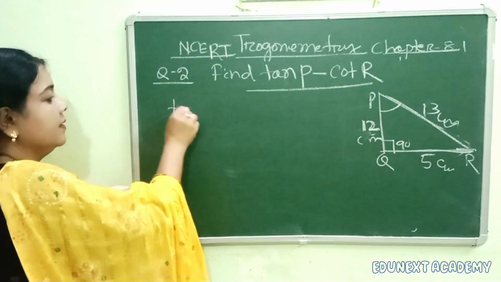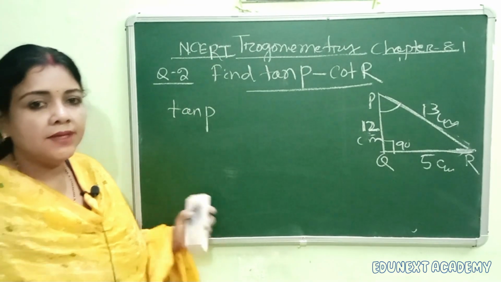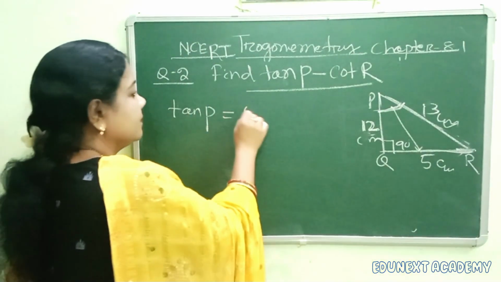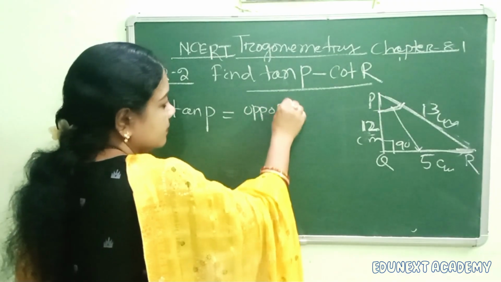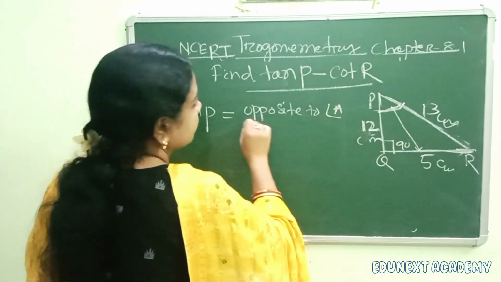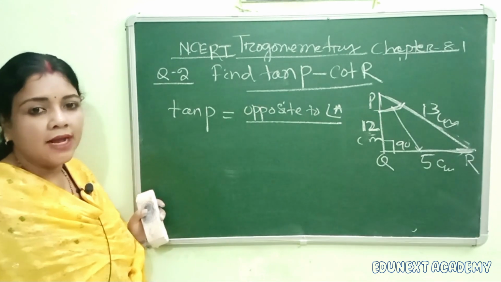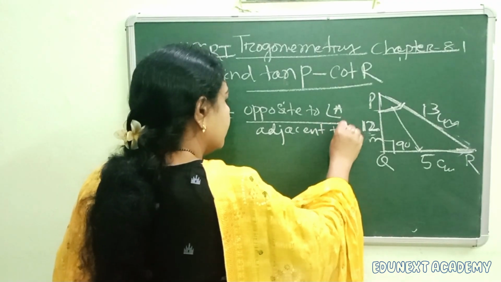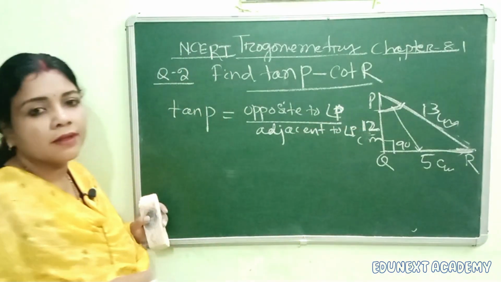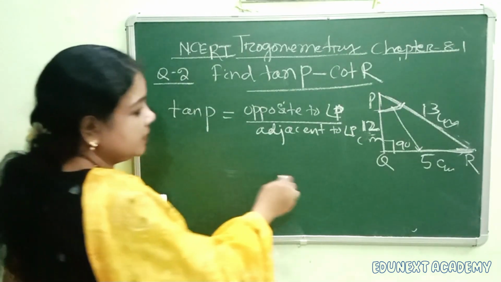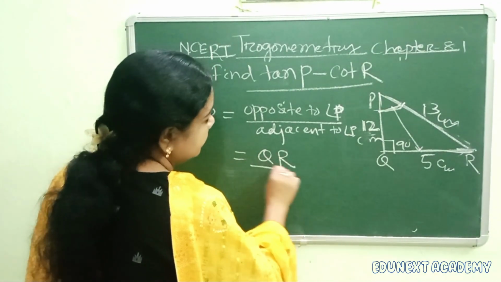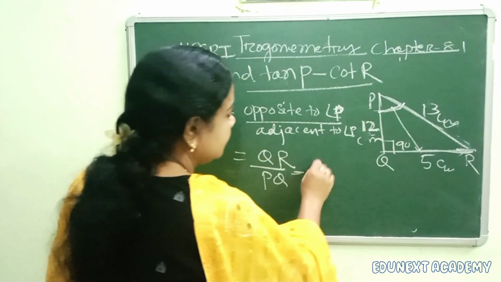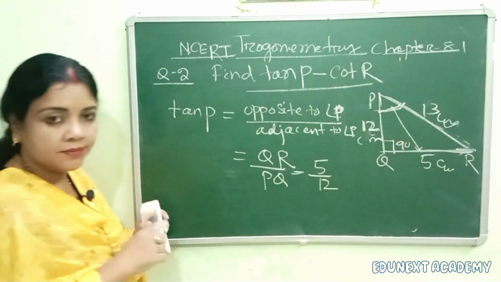Now what is tan P? Tan P is the side opposite to P divided by the side adjacent to P. So opposite to P is QR, adjacent to P is PQ. That is 5 by 12.